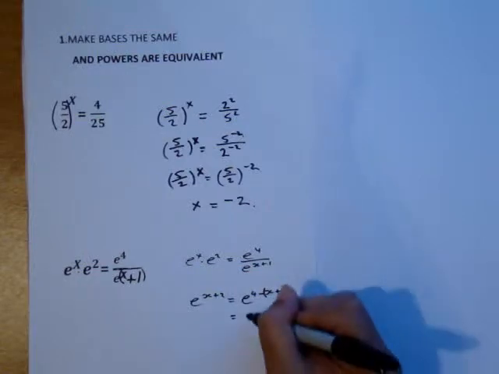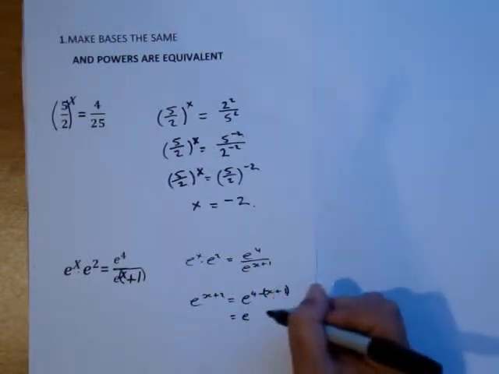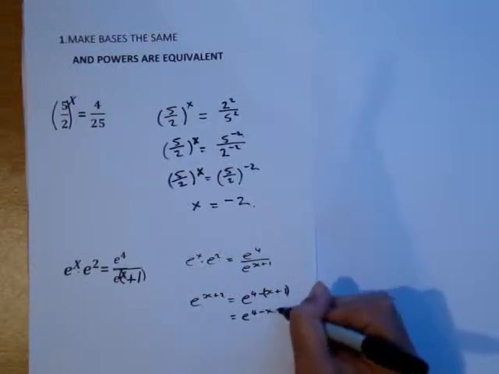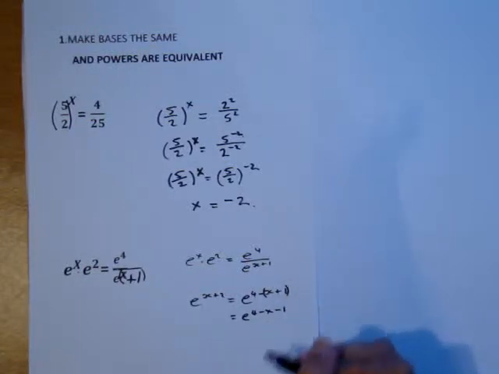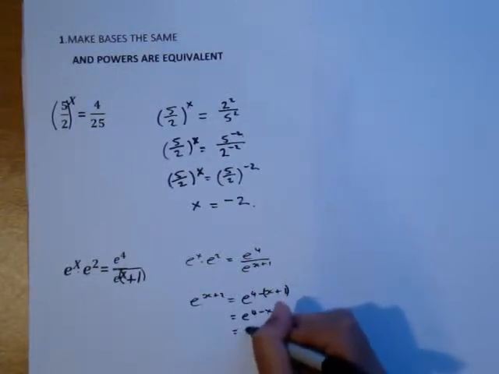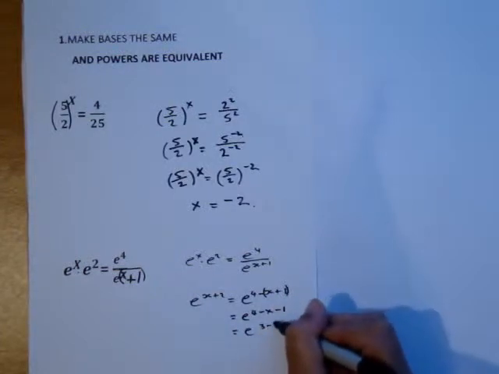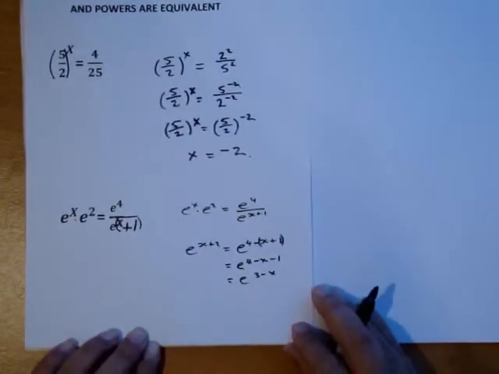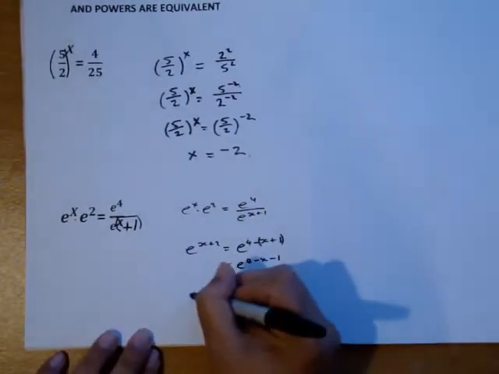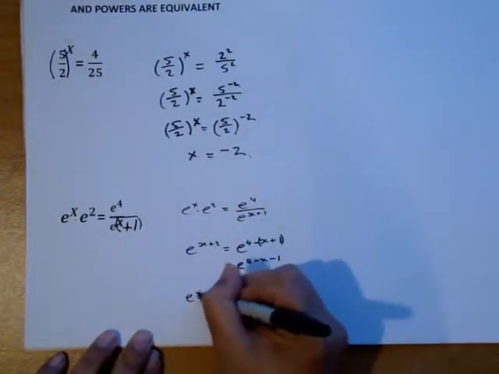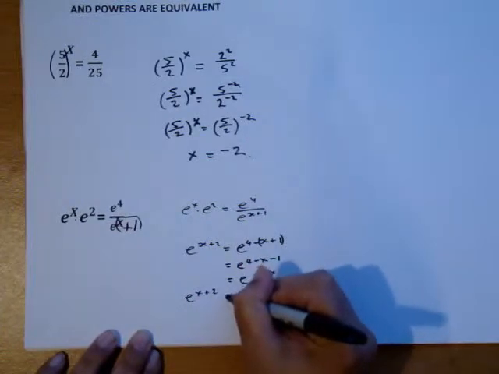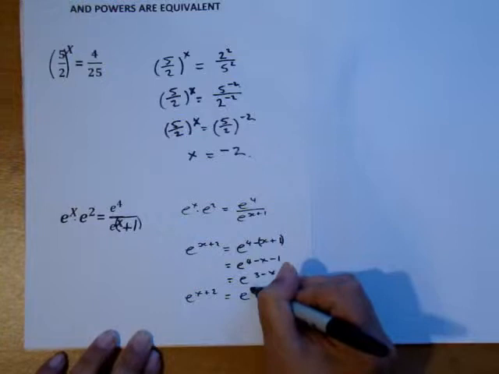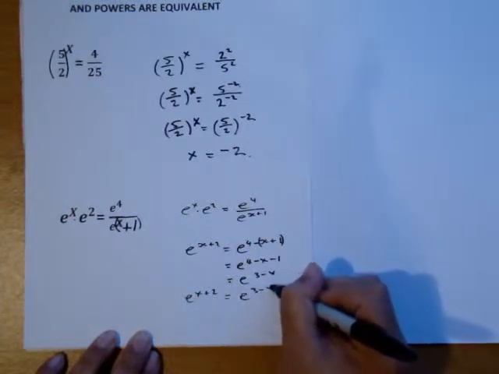This then becomes e to the 4 minus x minus 1, which is e to the 3 minus x. So then e to the x plus 2 equals e to the 3 minus x.